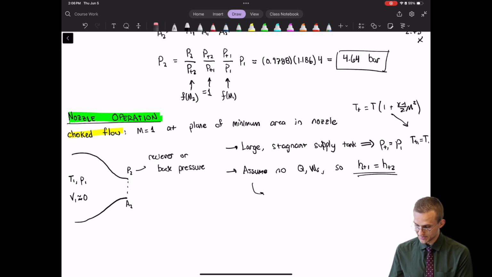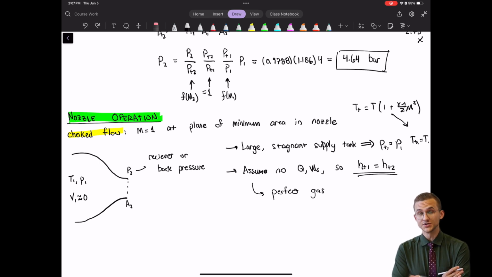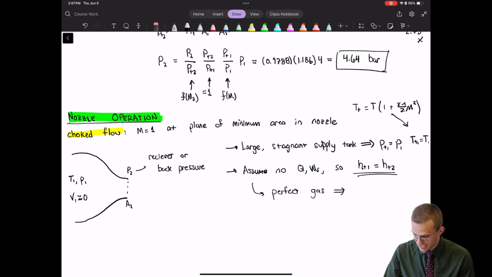because we're going to assume perfect gas as well. That means that the enthalpy in general is just equal to Cp times T. So if the two stagnation enthalpies are the same between those 2 points, and the specific heat values are constant, which is another thing that perfect gas signifies, then this implies that the stagnation temperatures between state 1 and 2 are equivalent as well.